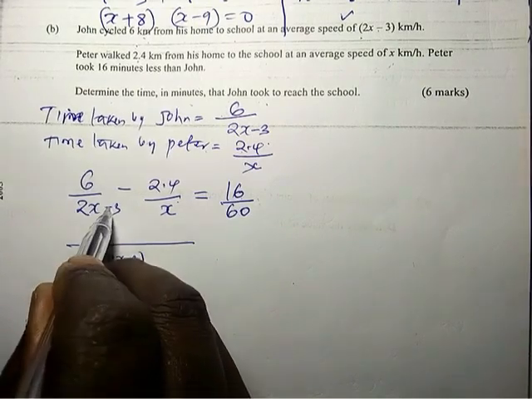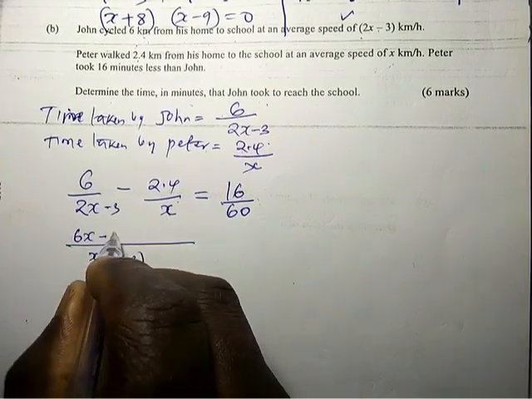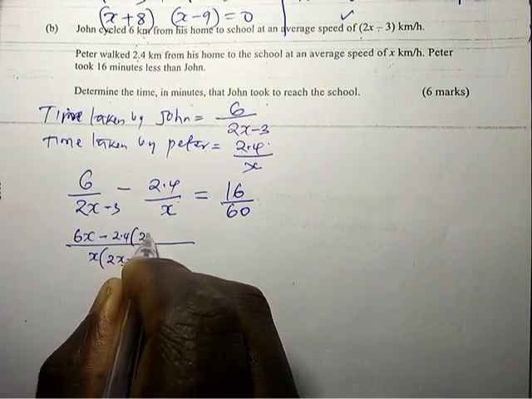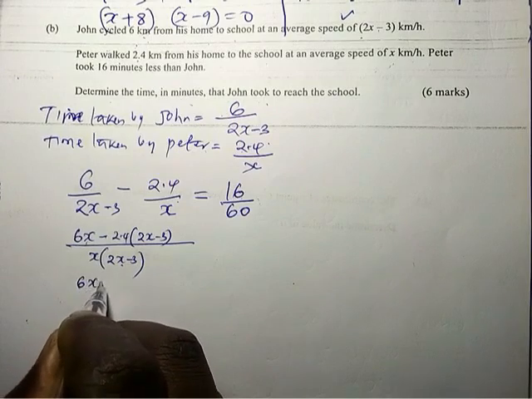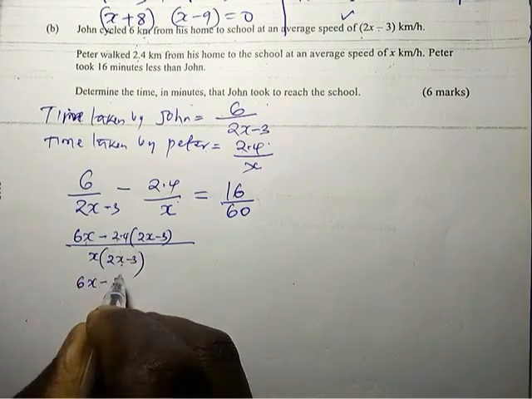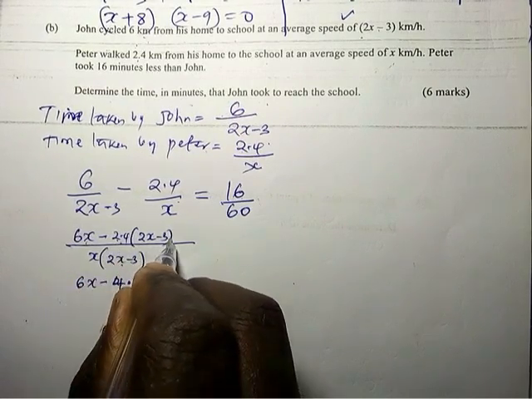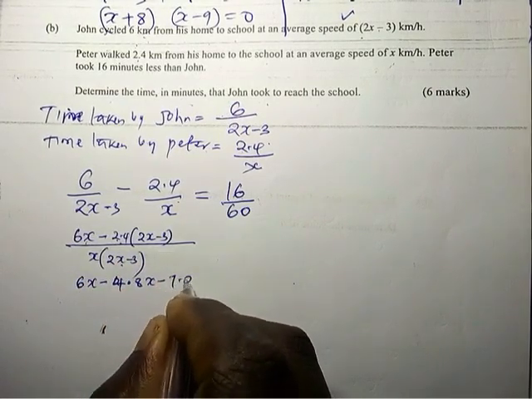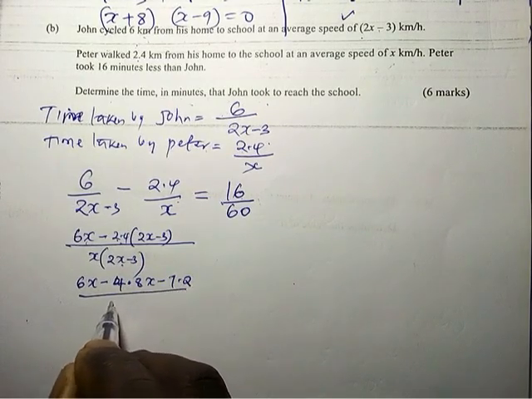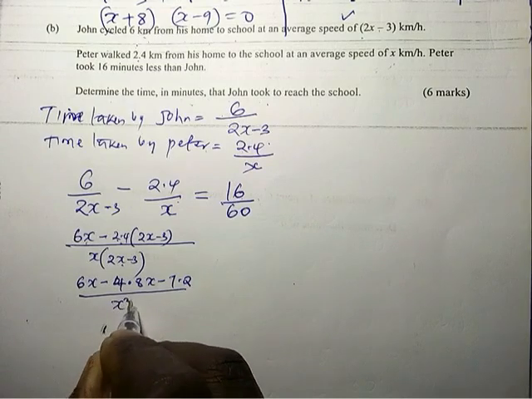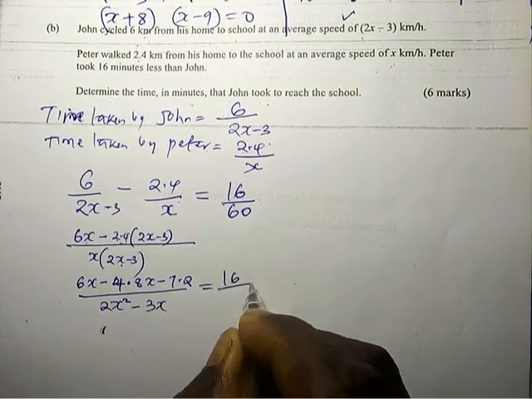Kwa hivyo hii inakuja mara moja, tutakuwa na 6x minus hii inaisha na hii, so tutakuwa na 2.4 into 2x minus 3. So tunakuwa na 6x minus 2.4 times 2x, this is itakuwa 4.8x, minus hii times hii itakuwa 7.2, and then divide by the LCM, which is x into 2x minus 3, that is 2x squared minus 3x, which is equal to 16 over 60.